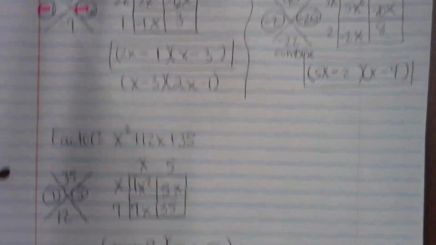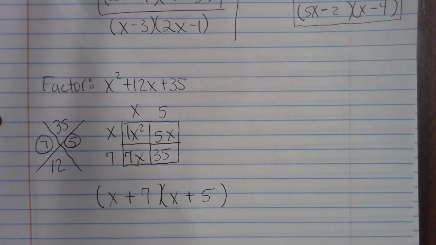Has anybody noticed something at all? I want to see if y'all notice something. Okay, they're both just X in the front. That is one thing. And look what is here. Just an X squared. It's not 5X squared. It's not 6X squared. It's not 3X squared. It's just an X squared.